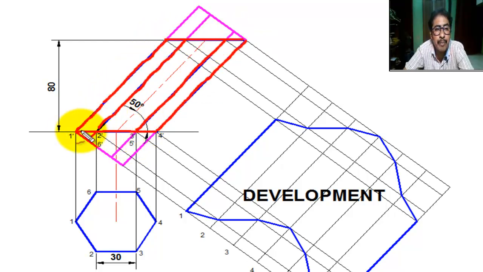Now it is an oblique hexagonal prism, and it is converted to a regular hexagonal prism. We extend this 4 dash line and draw a perpendicular from this point.